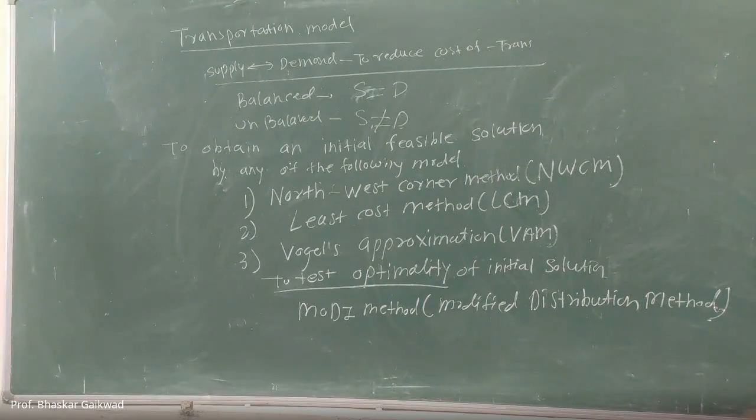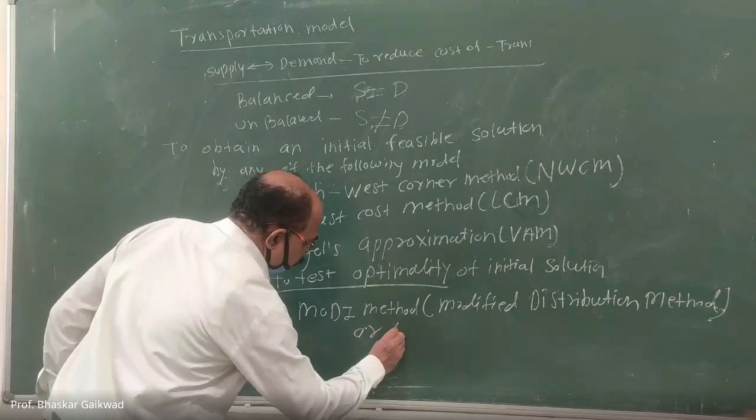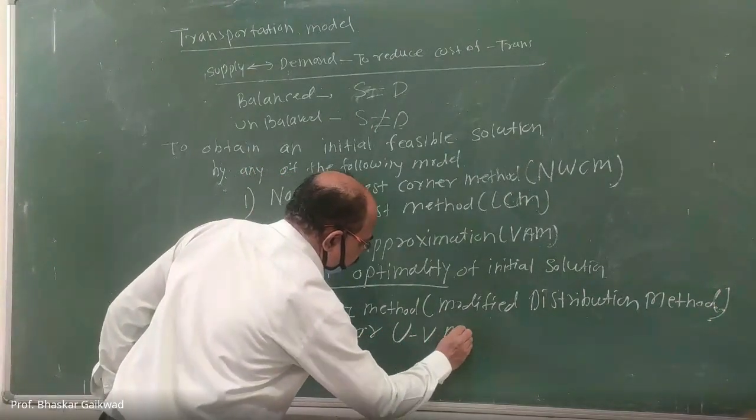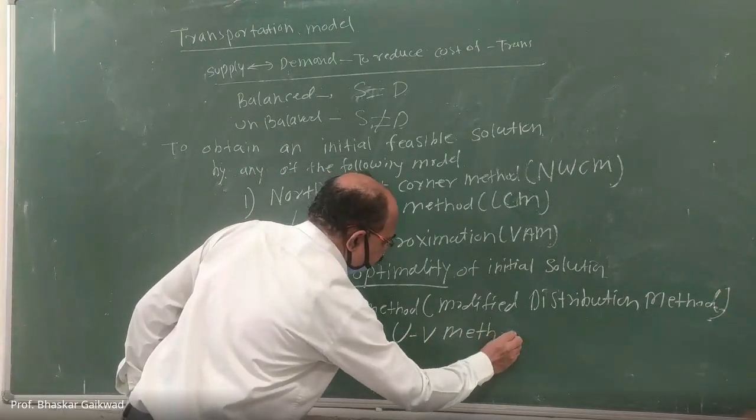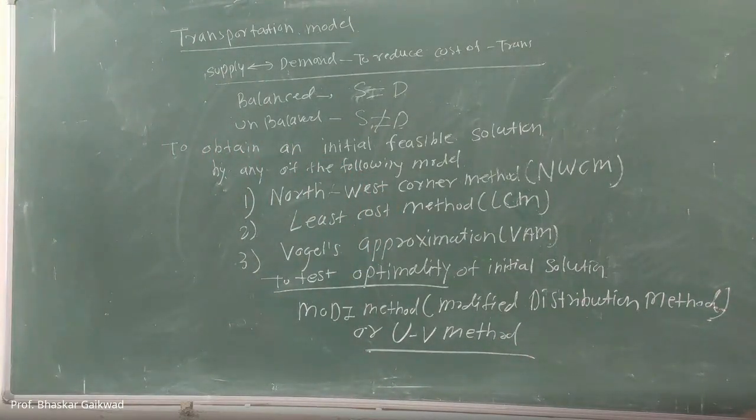So initially we go for the northwest corner method, then the least cost method, then Vogel's approximation method, and lastly the MODI method, which is also called the UV method.